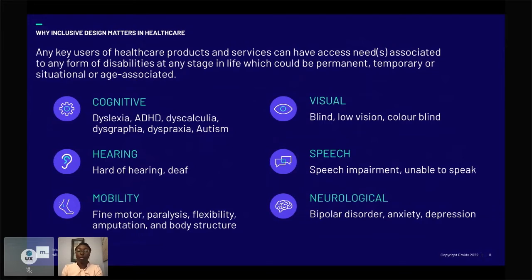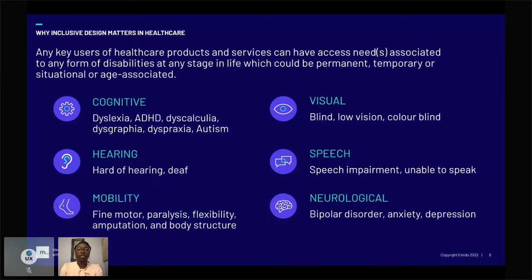For some people, it might be permanent disability, whereas some people might develop disability later in life, as a result of old age. And there are also instances whereby people have situational disabilities, where for some reason they cannot interact with the environment the way they should, because of what they are going through at that particular time.